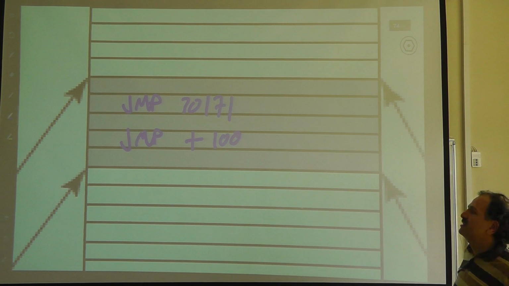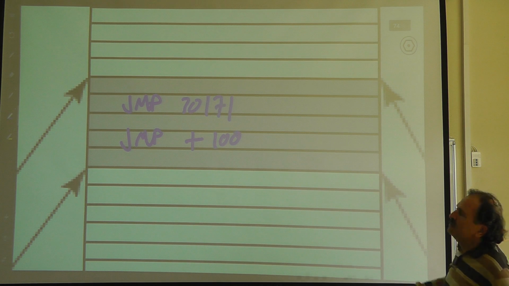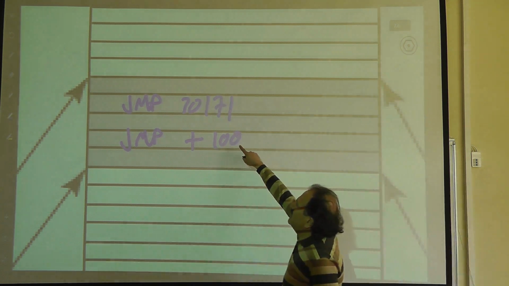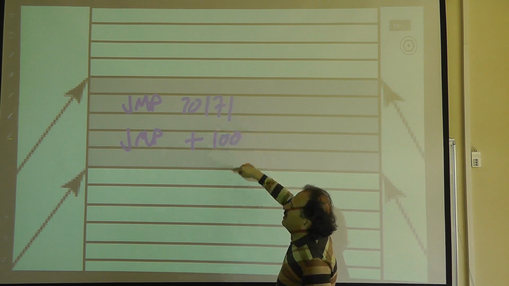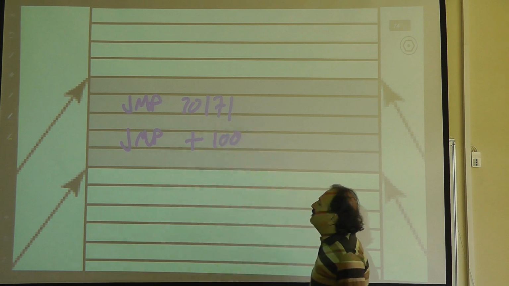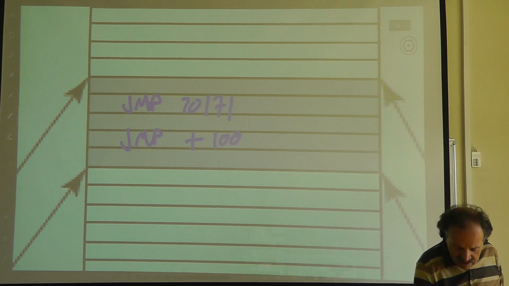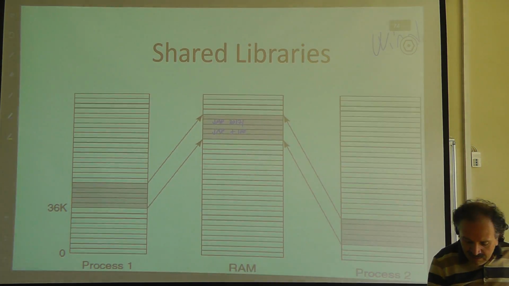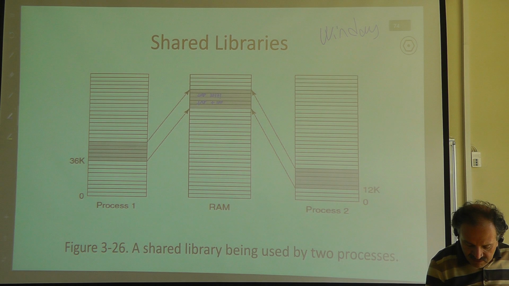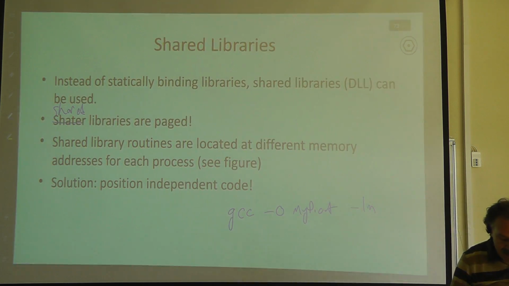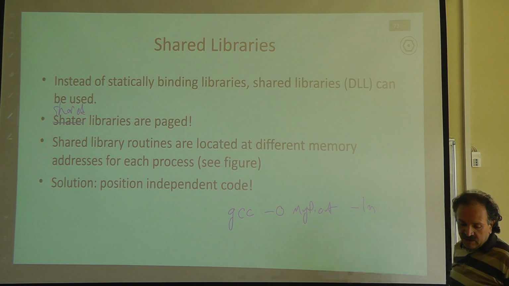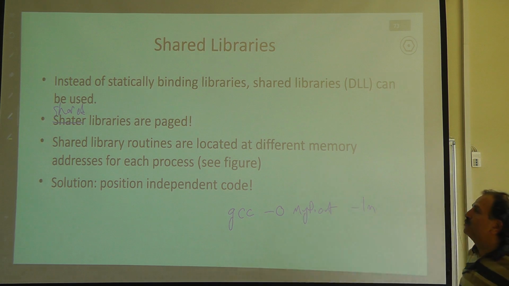You don't say 30,000 something. You say jump to an address like 100 bytes above me or 100 bytes below me. That makes it possible to use the code between these two processes. That's one problem with the shared libraries. You cannot use absolute addresses with those.